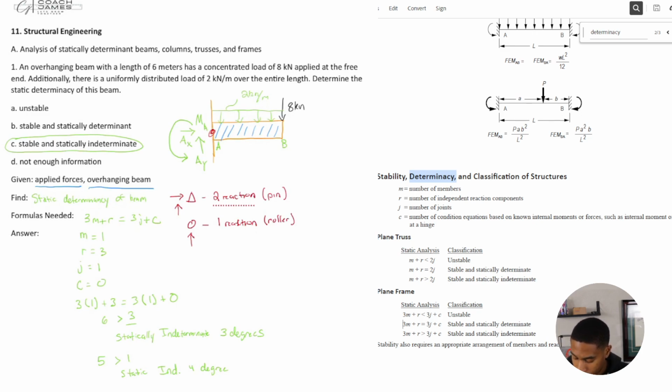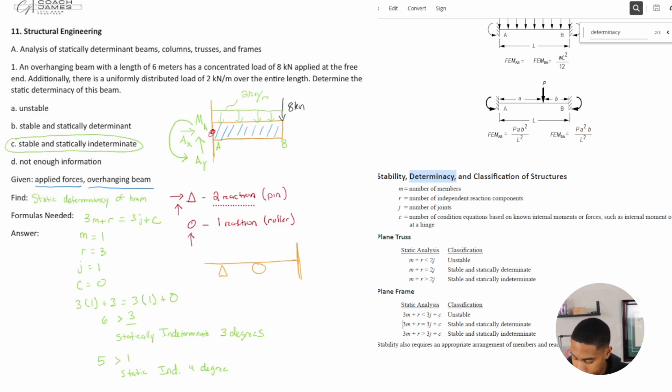Other things. Oh, your joints change. So I'll just draw this, right? I'll draw a beam. How many joints would be on this particular beam? Yep. So you got a pin, a roller, and a fixed joint.